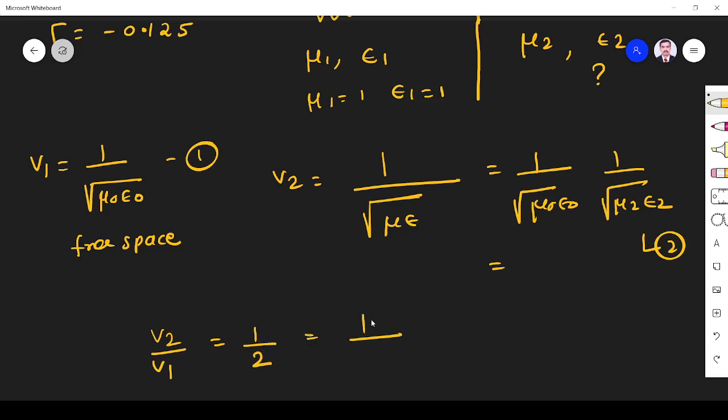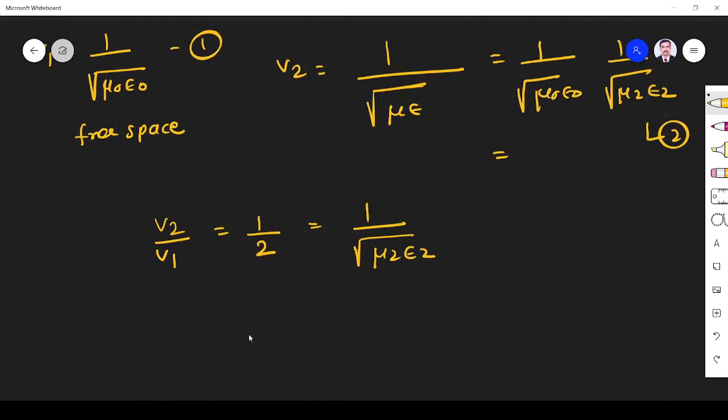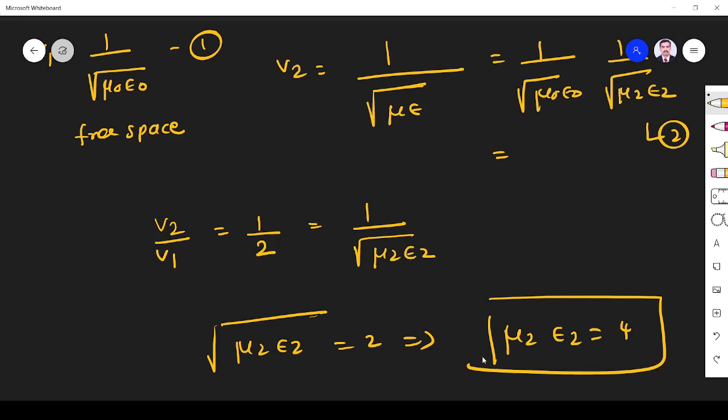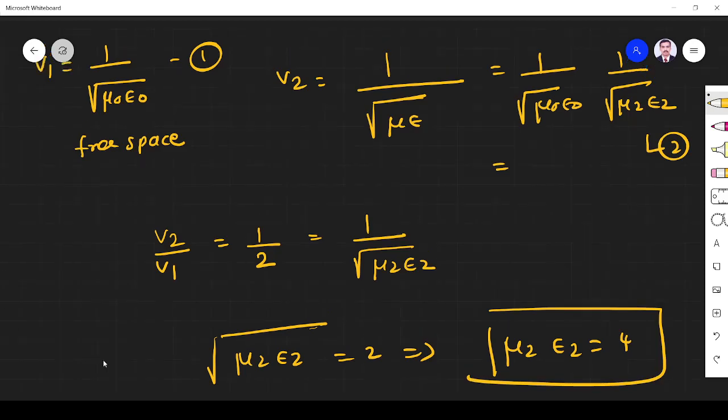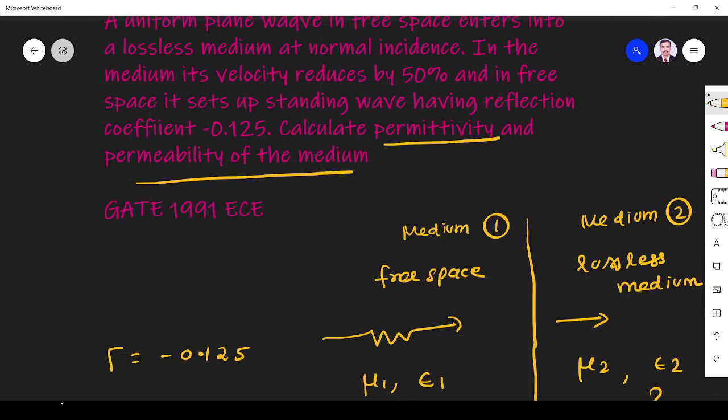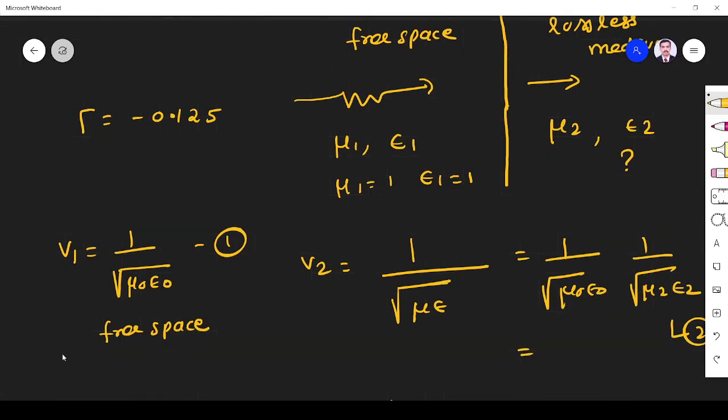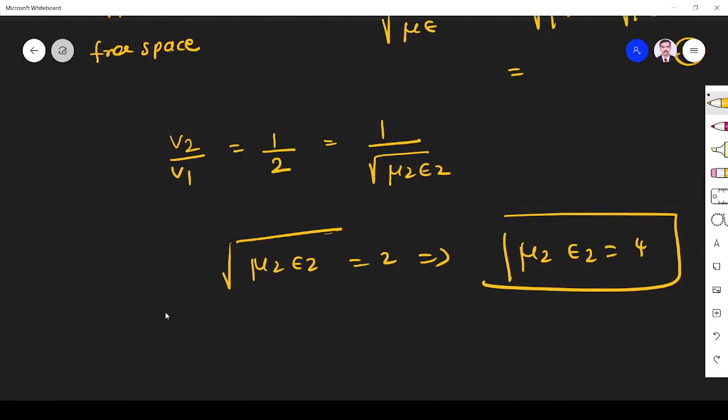If you divide, what we get is root of mu 2 epsilon 2 equal to 2. So mu 2 epsilon 2 is equal to 4. Next point we have to note down is that the wave is incident normally.